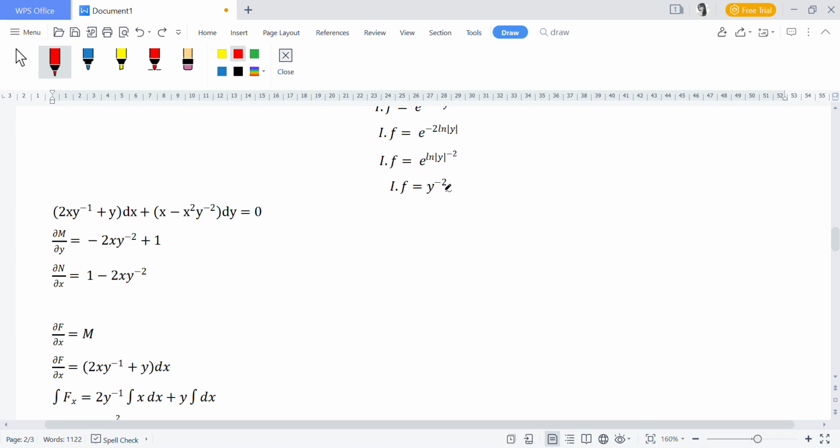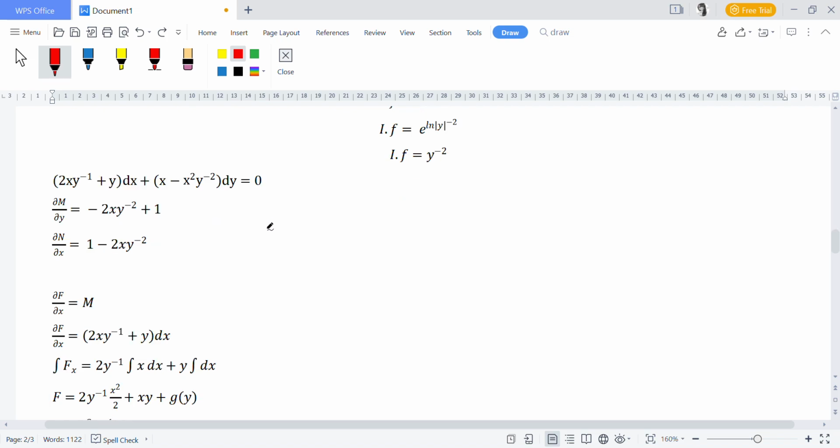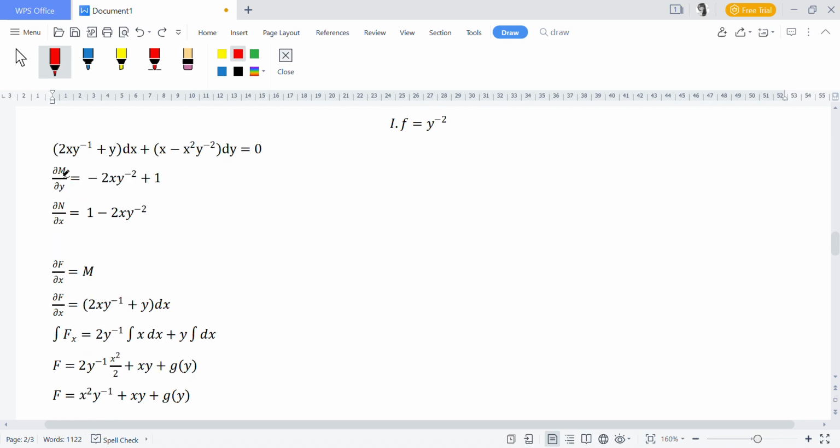If we distribute that, we have y equal to negative 2 plus 1, so it is equal to negative 1. So this is now our new M. 2xy raised to negative 1 plus y dx plus x minus x squared y raised to negative 2 dy is equal to 0.